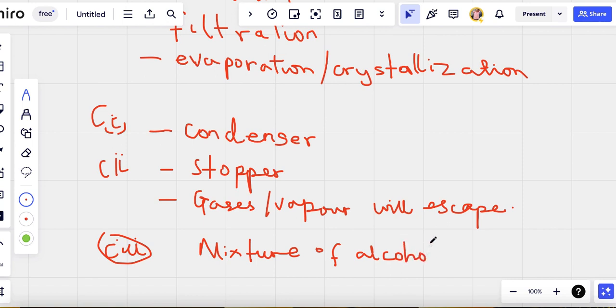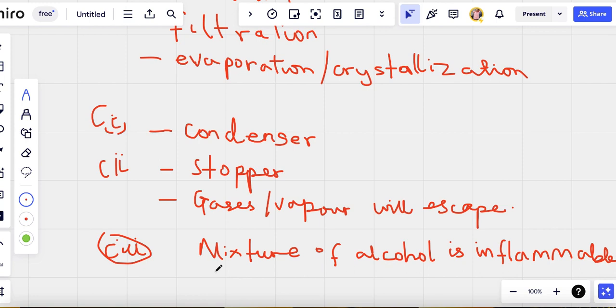You can say the mixture, you may not even specifically mention alcohol, is inflammable. Is that okay? Okay, so that's that for that reason.